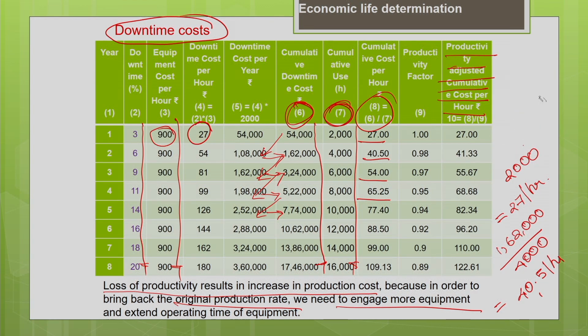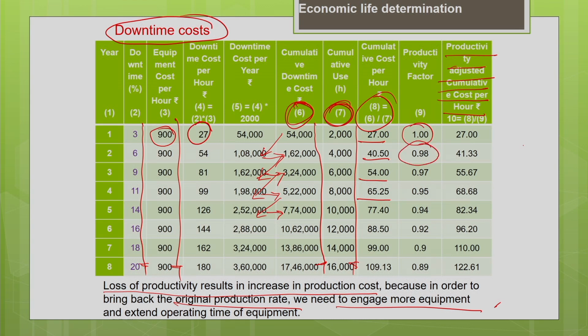Okay. So you know that the productivity factor is given as input data in this problem. For the first year there is no change at all, okay, but for the second year there is a loss in productivity, 0.98. So my cost per hour is 40.5, and the productivity corresponding is 0.98.